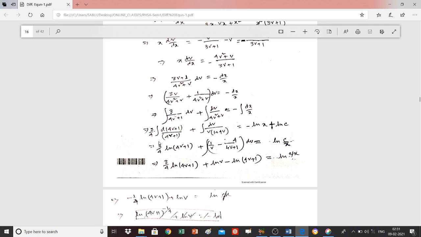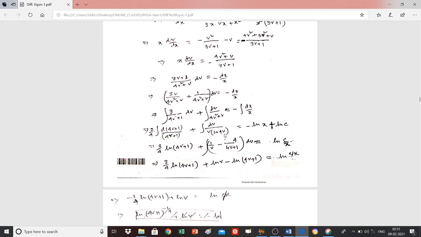Integrate both sides. After integration you can understand that this integration will give you 3 by 4 log of 4v plus 1, then plus 1 by v minus 4 by 4v plus 1 dv, that is log c by x.